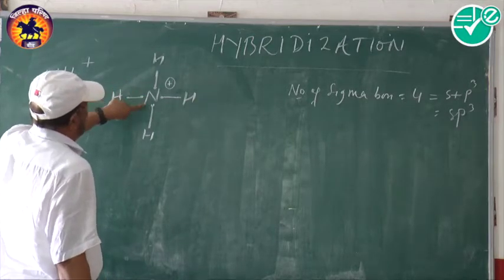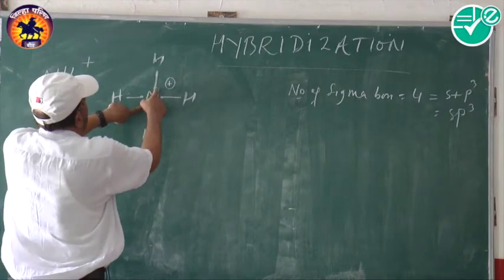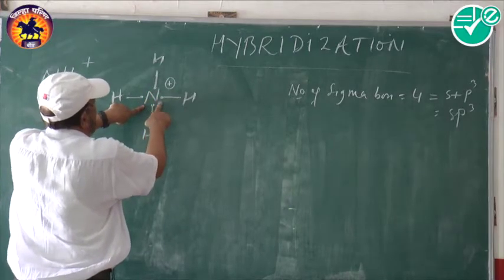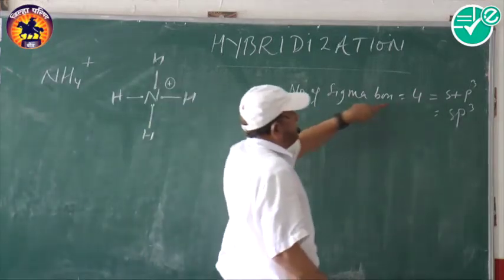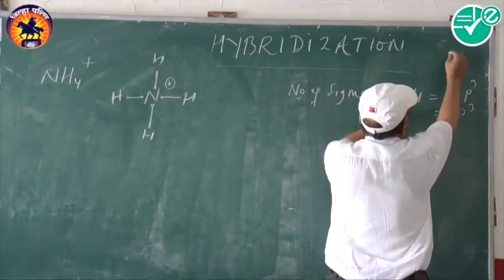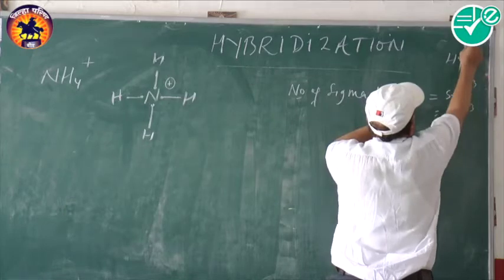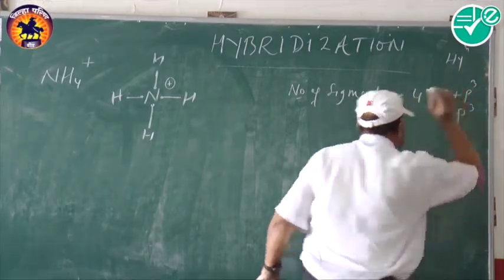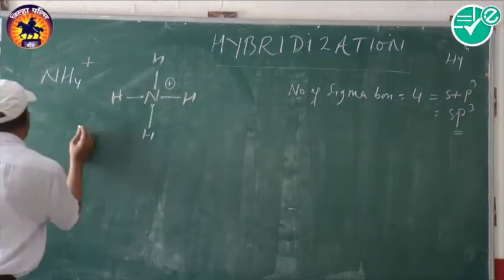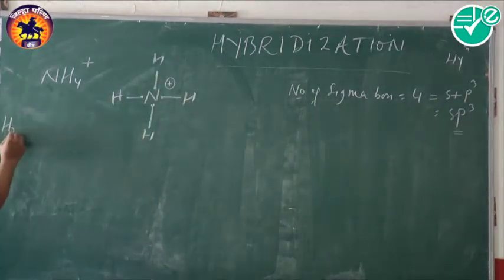This N belongs to group 5, but there are only 4 electrons. One electron is deficit, therefore it is plus 1. Since the number of sigma bonds is 4, that's why the hybridization is sp3.